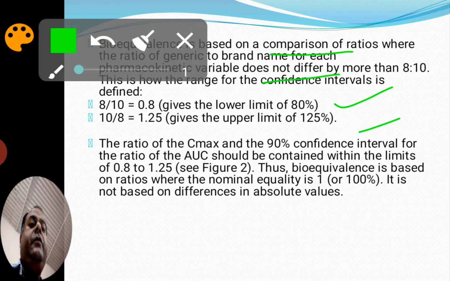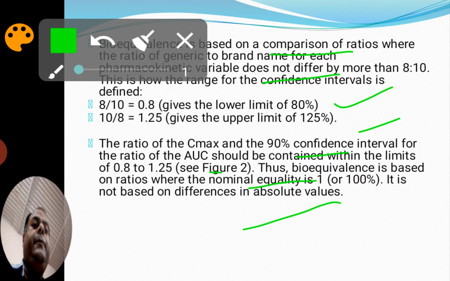So the 90% CI for the ratio of the Cmax and the 90% CI for the ratio of the AUC should be contained within the limit of 80% to 125%, as shown in figure 2. So thus bioequivalence is based on the ratio where nominal equality is 100%. It is not based on the differences in the absolute values.